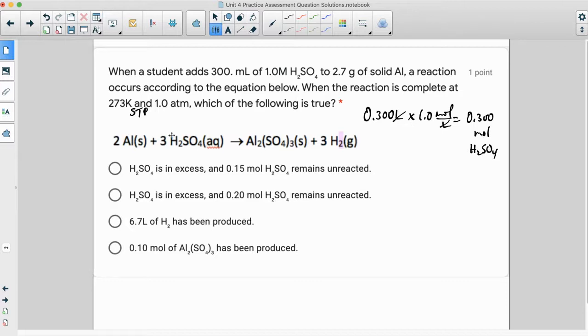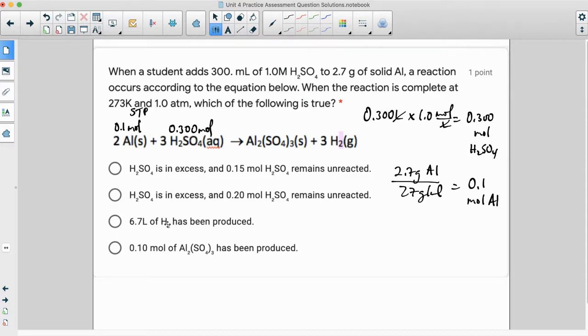For our aluminum, if we take 2.7 grams of Al and divide it by its molar mass, which is 27 grams per mole, this is 0.1 moles of aluminum.